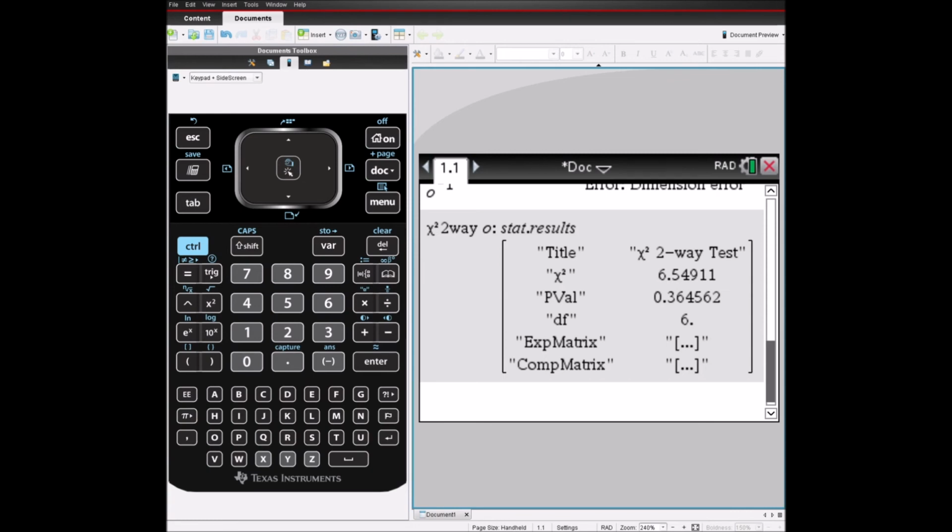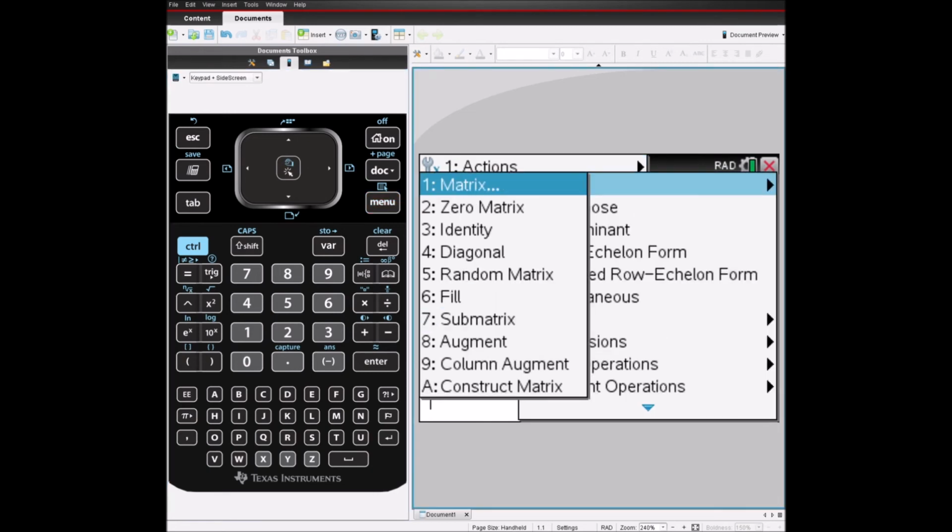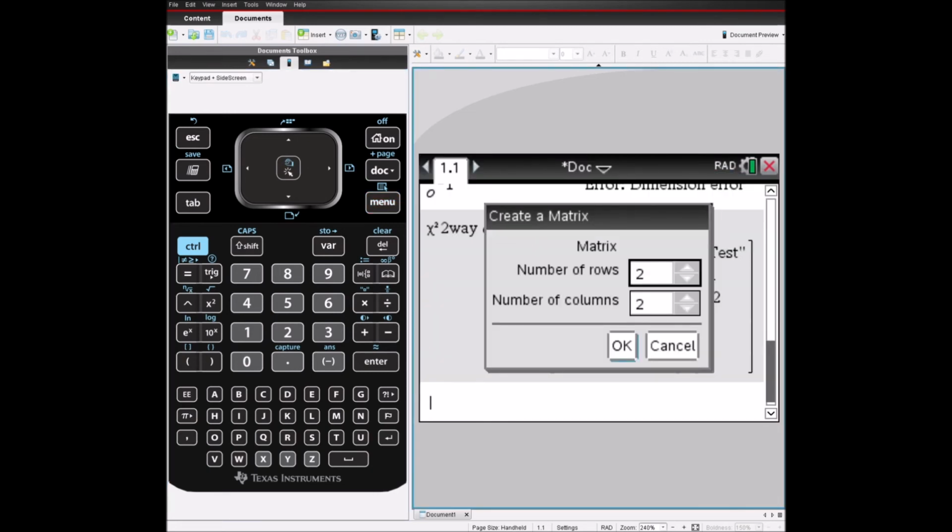So for the other problem, number 2, we're going to want to save another matrix. So menu, matrix and vector, create, and then a matrix, and this time it's a 2 by 4.